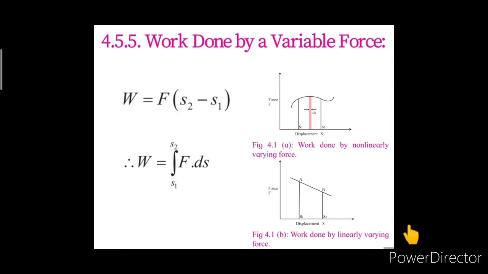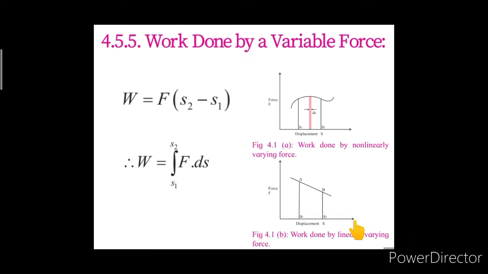Now the area under the curve between S1 and S2 also gives the work done W, if the force axis necessarily starts with 0, as it consists of all the strips of ds between S1 and S2.